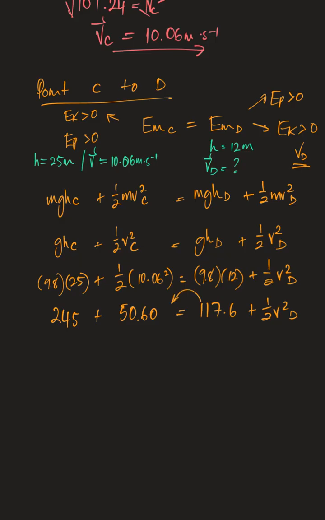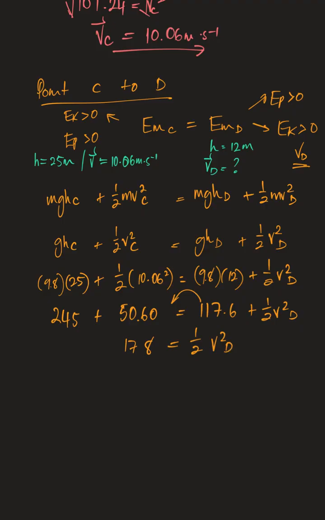Right, I'm going to take this over, and I've got 245 plus 50.60 minus 117.6. And I've got here on the side 178 is equal to a half v squared d.